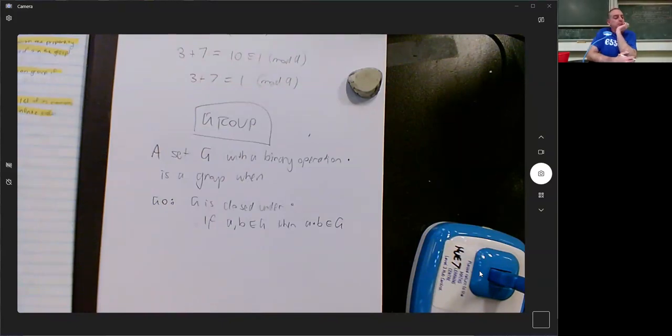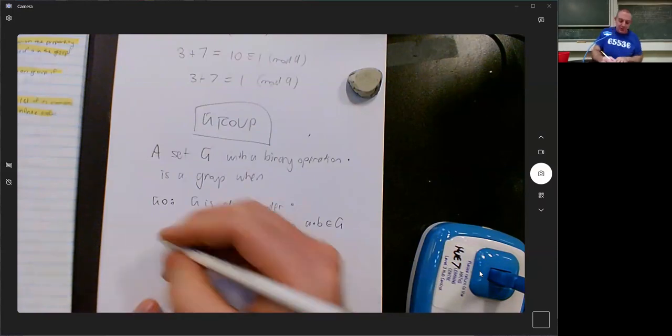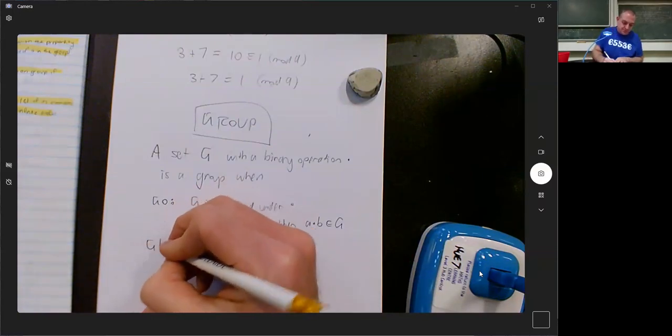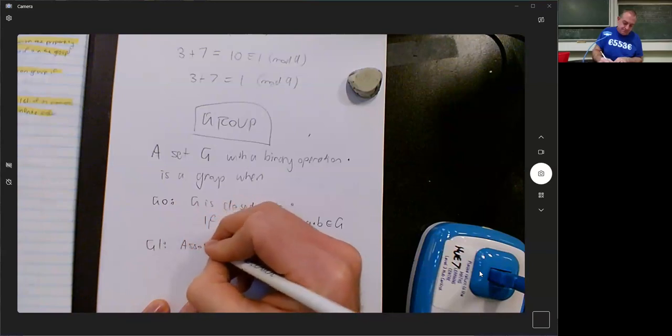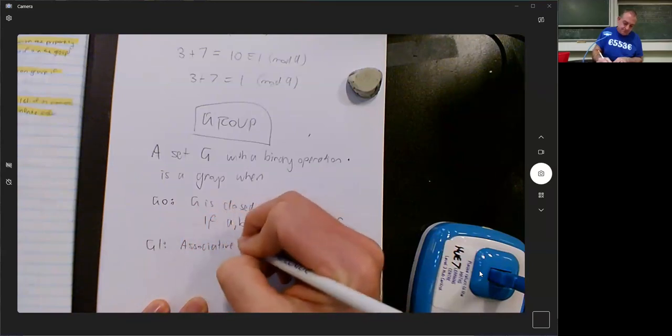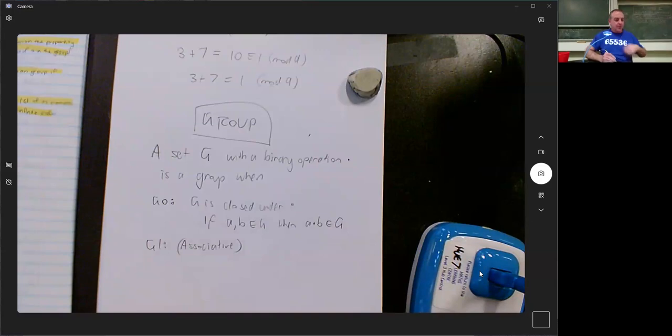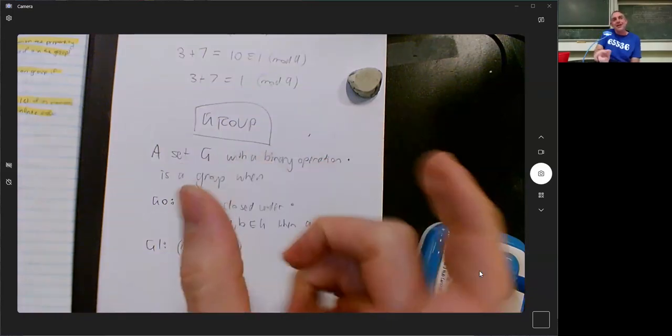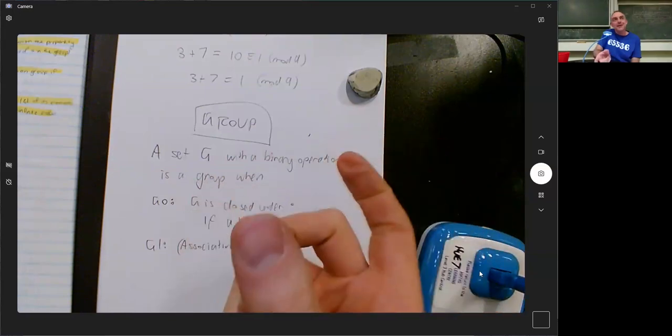All right. Another rule. Someone else is going to tell me one. Associative rule. And what does the associative rule say? The brackets don't matter. That's what you're doing.